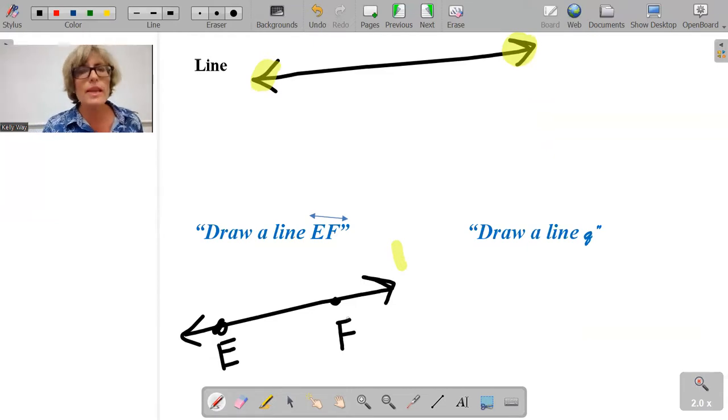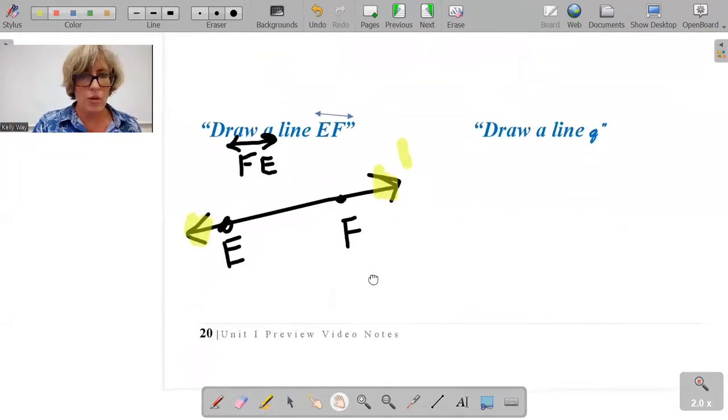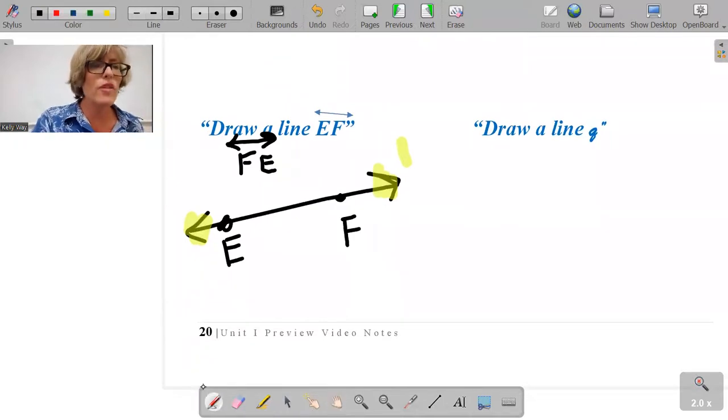I can call the same line FE. Totally legit. I can go both ways because I have an arrow going both directions. Now, just to make life interesting, what if I had 3 points on a line?